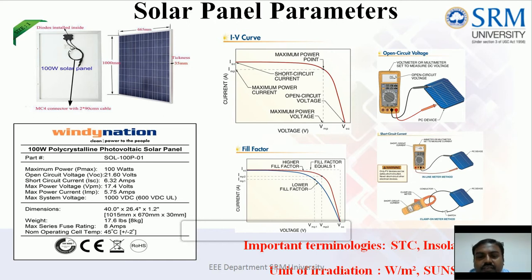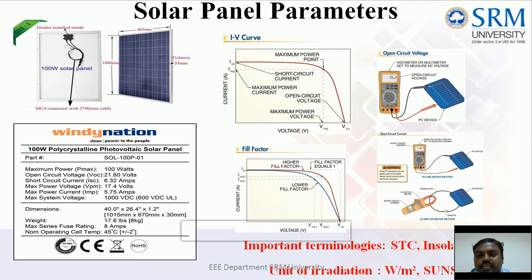When I say STC, it refers to standard test conditions. What do you mean by standard test conditions? Standard test conditions are the conditions at 1000 watt per meter square. 1000 watt per meter square is the insolation or irradiation. It can be called suns also. The unit of irradiation is watt per meter square or suns.